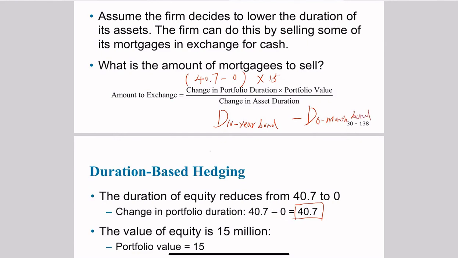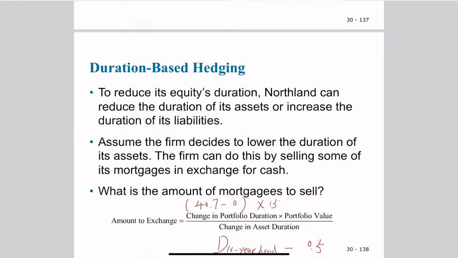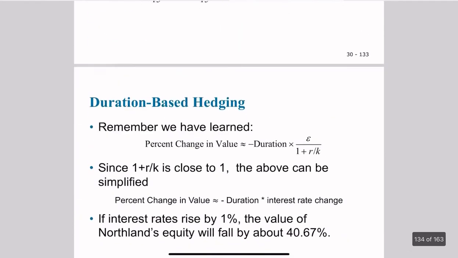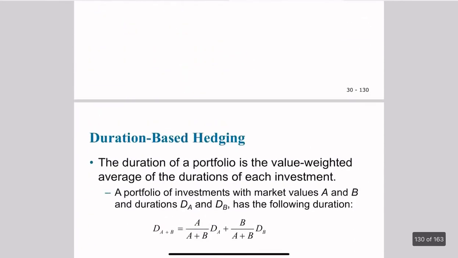Let's say this 6-month bond is a discount bond, so it has no coupon. In this case, its duration is just 0.5 years, because 6 months out of 12 months is 0.5 years. And the 10-year bond has a duration that we actually have solved already.